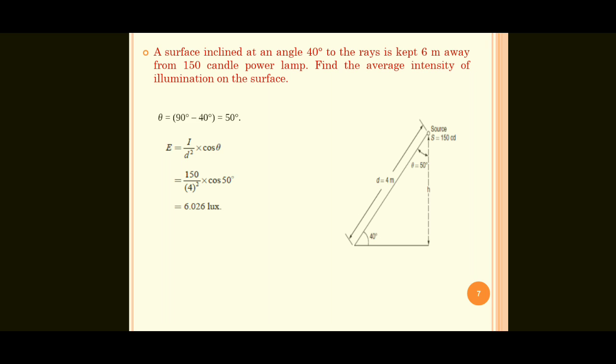Next problem. A surface inclined at an angle of 40 degrees to the rays is kept 6 meters away from a 150 candle power lamp. Find the average intensity of illumination on the surface.